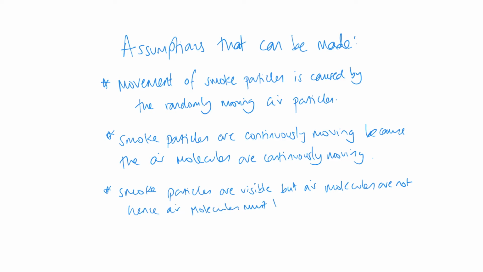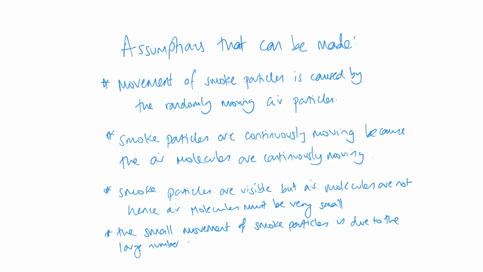Smoke particles are visible, but the air particles or molecules are not, hence the air molecules must be very small. And finally, the small movement of smoke particles is due to the large number of air molecules hitting from all sides.